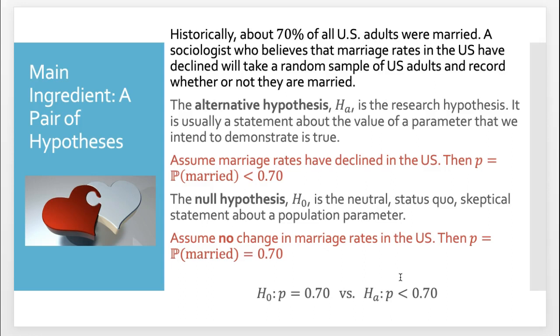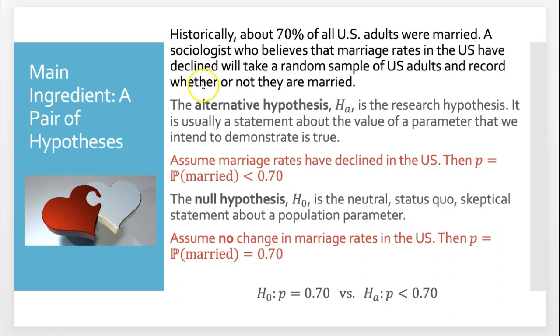So, here's just another example in constructing the hypotheses. The name of the game here is going from this short passage to this statistical language, and vice versa. So here it says, historically, about 70% of all U.S. adults were married. A sociologist who believes that marriage rates in the U.S. have declined will take a random sample of U.S. adults and record whether or not they are married.